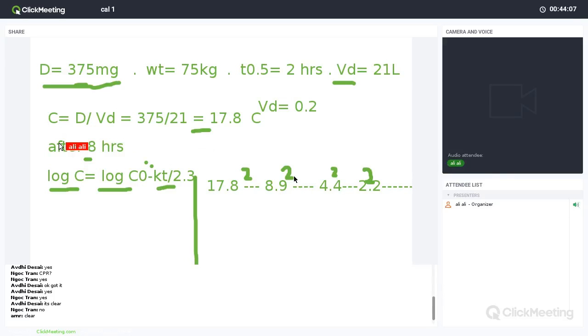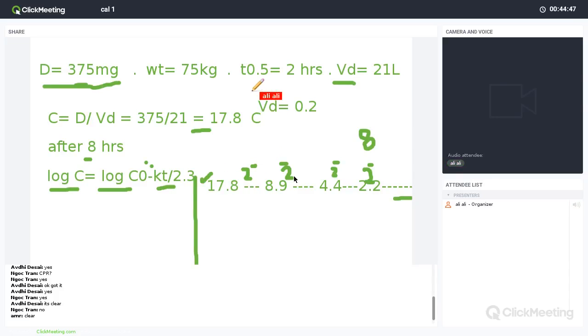If you add all those periods, 2, 2, 2, 2, it gives me 8 hours. So the concentration after 8 hours will be 1.1, without using this complicated equation. This is the approach that is normally used in the exam.